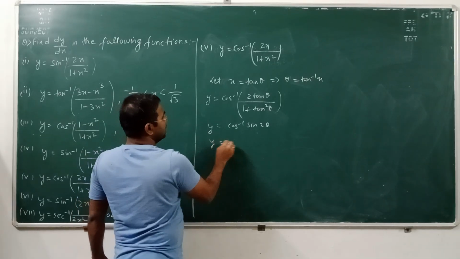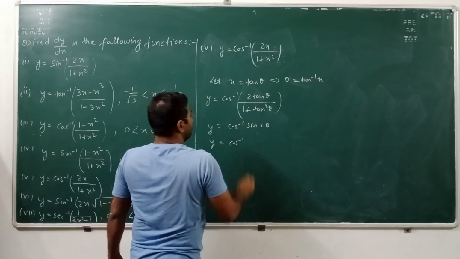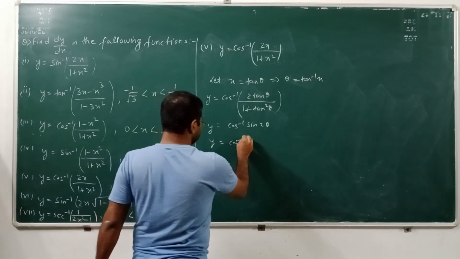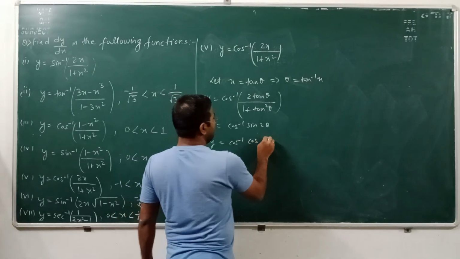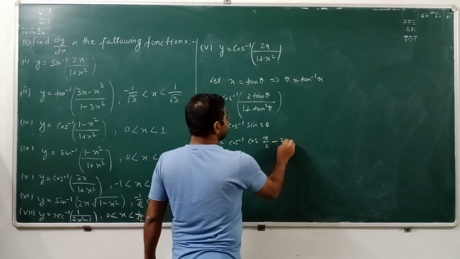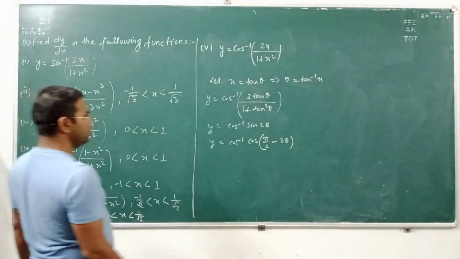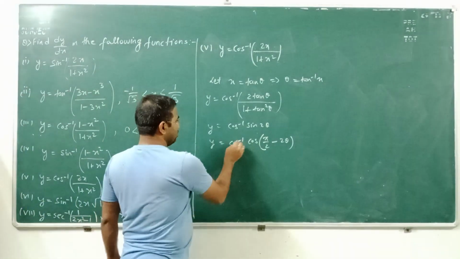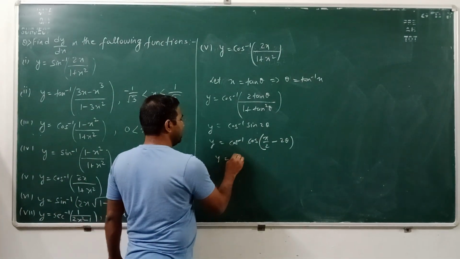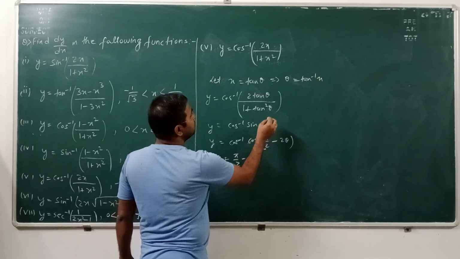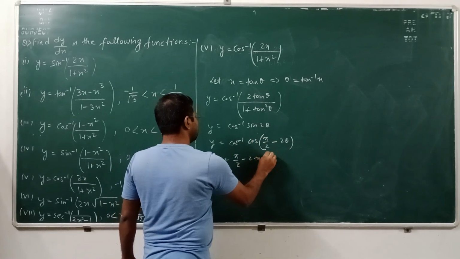Now sin 2 theta can be written as cos of (pi by 2 minus 2 theta). Then cos gets cancelled, y is equal to pi upon 2 minus 2 theta, that is, 2 tan inverse x.